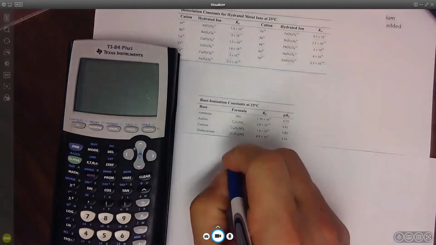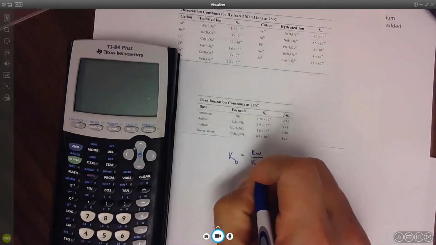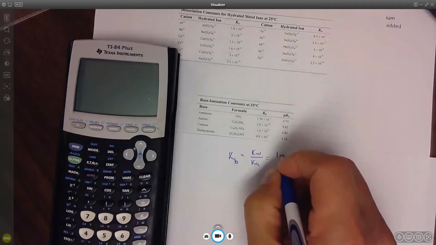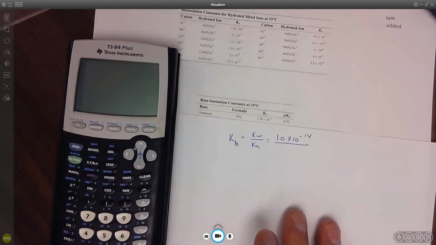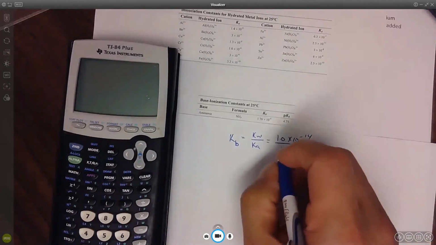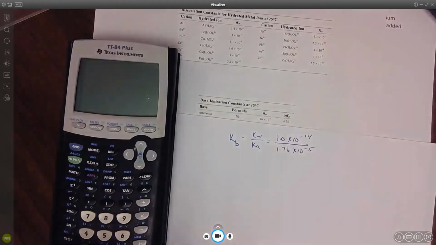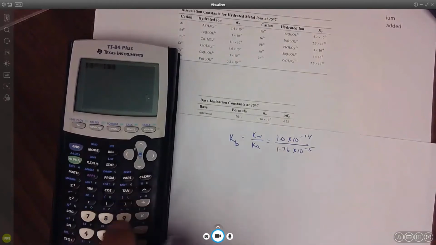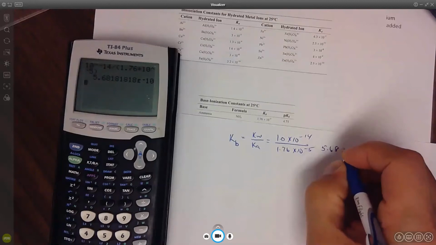Kb is going to be equal to Kw over Ka, that's going to be 1.0 times 10 to the negative 14 divided by, and we're just going to choose ammonia, okay? That's going to be over 1.76 times 10 to the negative 5. And so when you plug that into your calculator, you're going to get 10 to the negative 14 divided by the quantity of 1.76 times 10 to the negative 5.